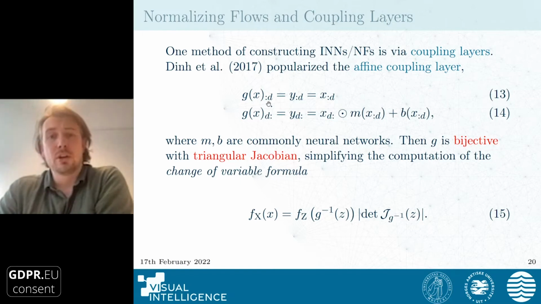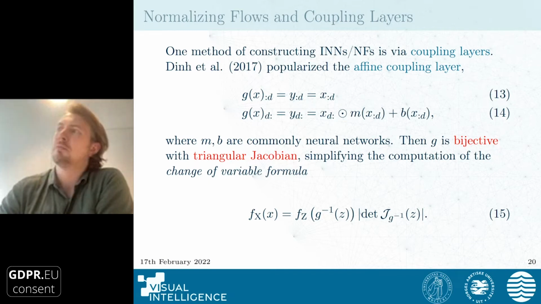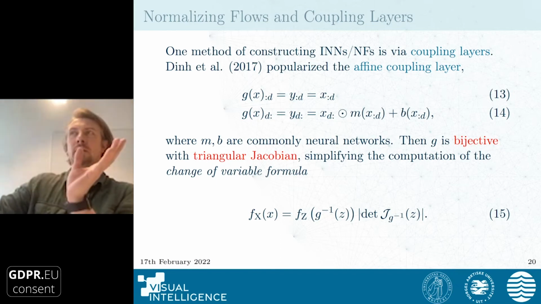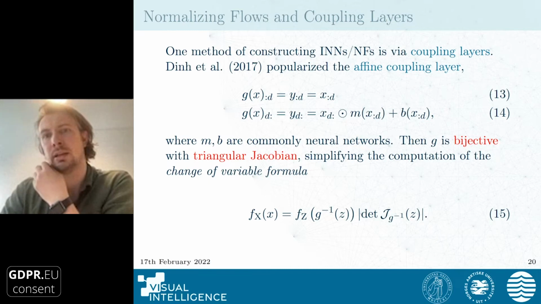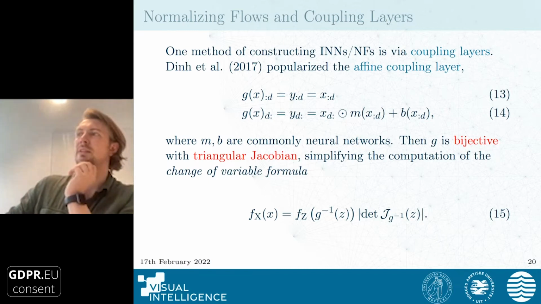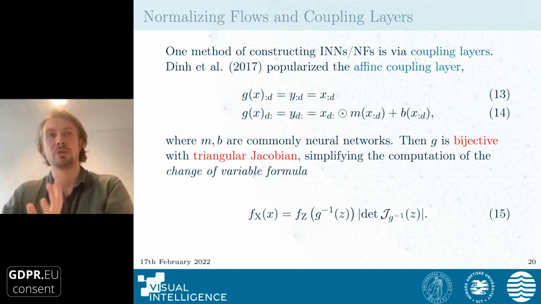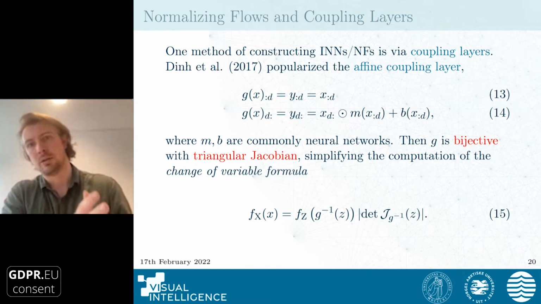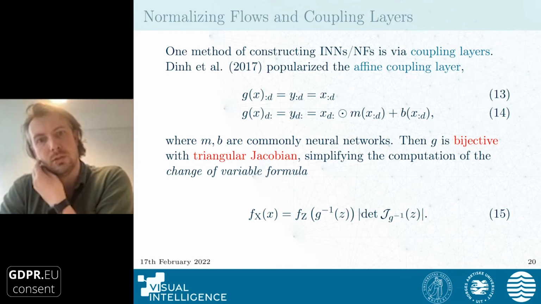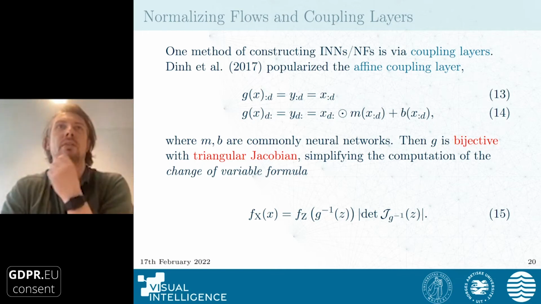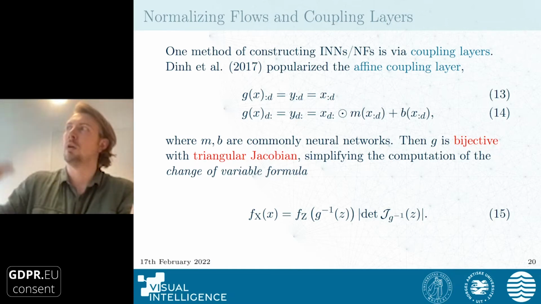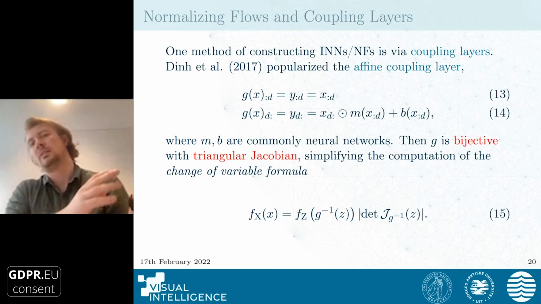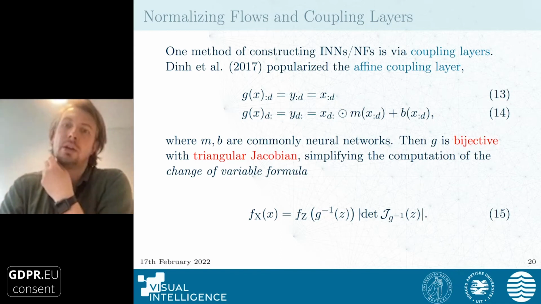The affine coupling layer can be thought of as two subnetworks, where we basically have a neural network predict some parameters for transforming half of our input space. So we basically slice the dimensions of our input in two, and we let one half affect the other half. And then in the next layer, we do the opposite.